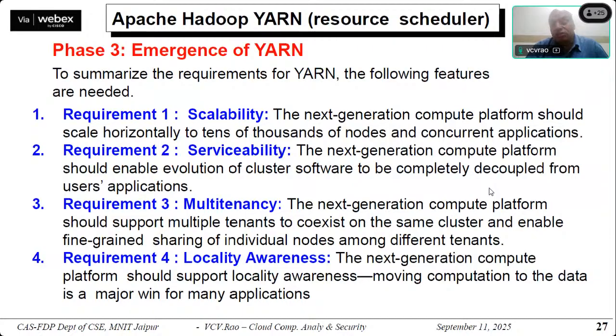Yarn covers things like scalability and serviceability. If you really see serviceability, the cluster software has been changing in the last 15 years. In the last 3 years, the cluster software has gone to PyTorch, and now PyTorch and TensorFlow with NVIDIA GPU programming, and now MPI runs there also.